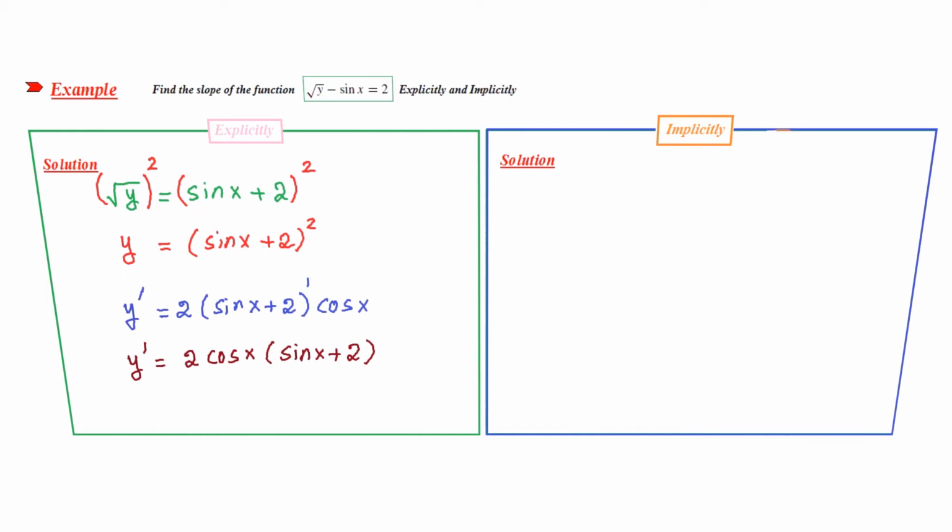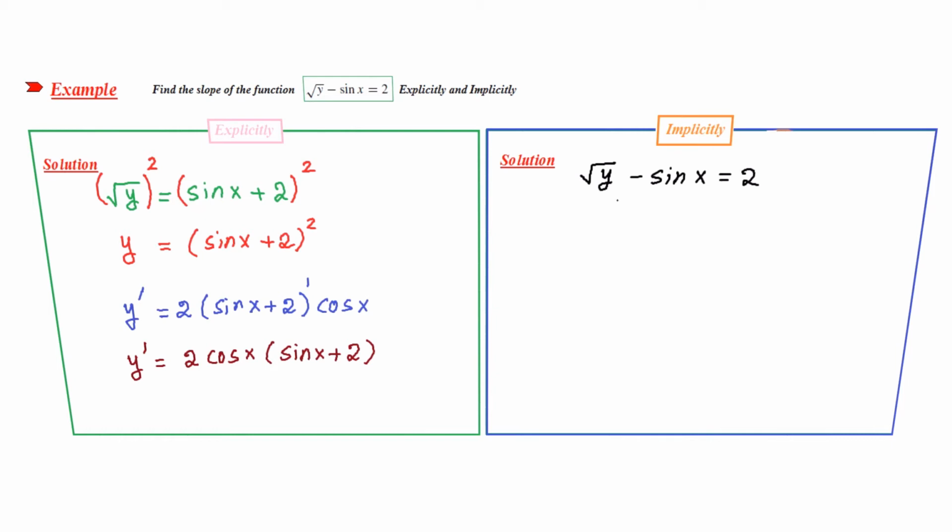So I will write the same function: radical y minus sine x equals 2. And as a main point in implicit differentiation, if you want to find the derivative of a function in terms of y only, you have to multiply by y prime after differentiation.